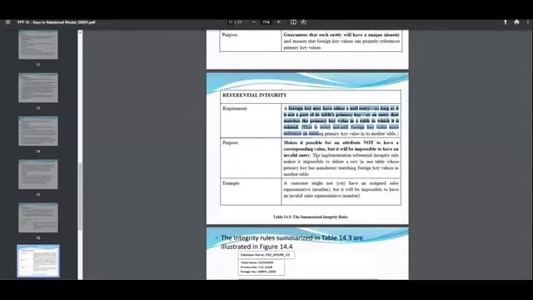Referential integrity makes it possible for an attribute not to have a corresponding value, but it will be impossible to have an invalid entry.